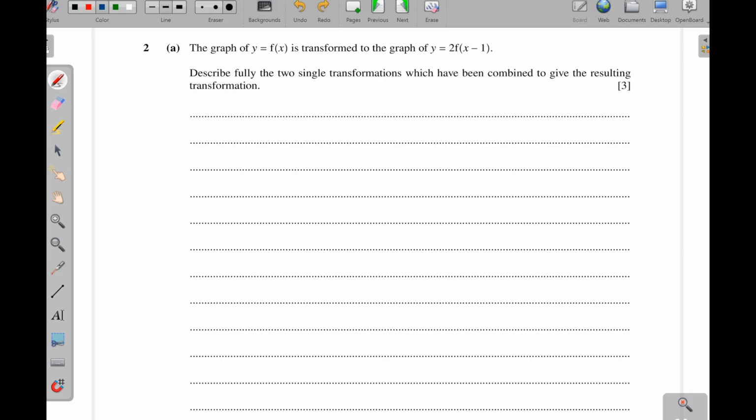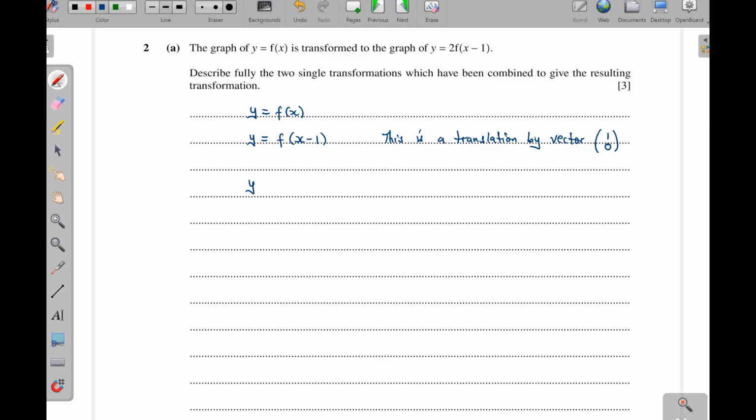So that means when I come back here for y is equal to f of x, now y is equal to f of x minus 1. This is a translation by vector (1, 0). You see that?